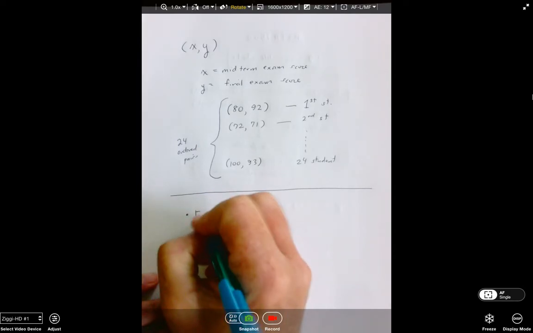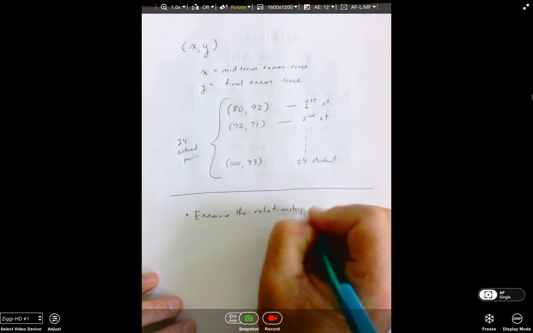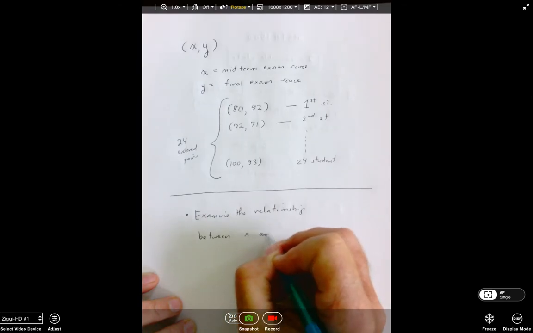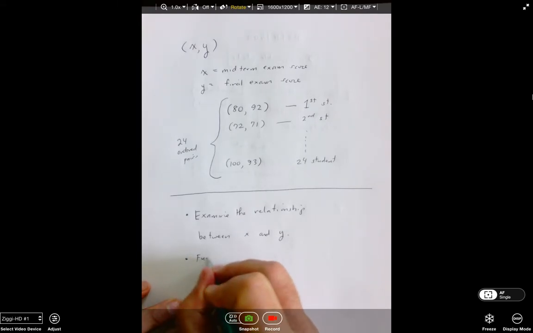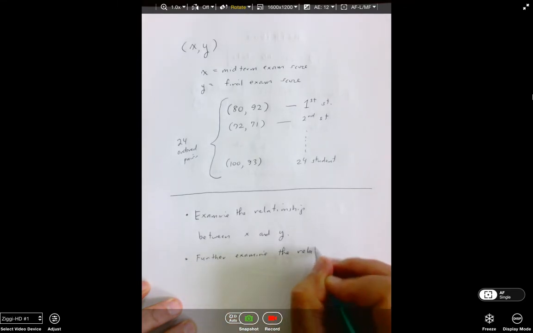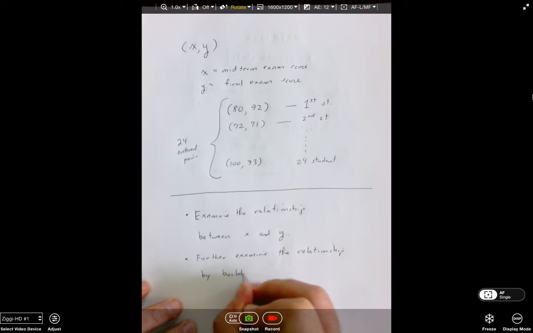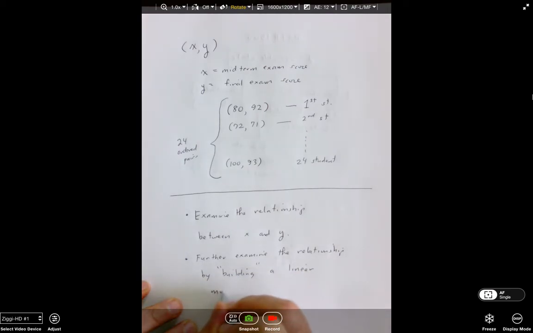First of all, we may want to examine the relationship between X and Y. And we may want to further examine the relationship by building a linear model to, again, just further explain the relationship between our X and our Y.